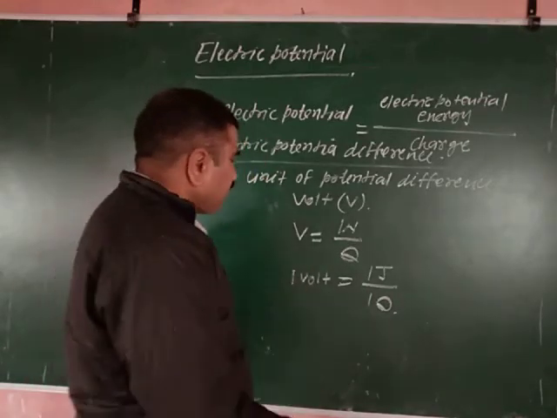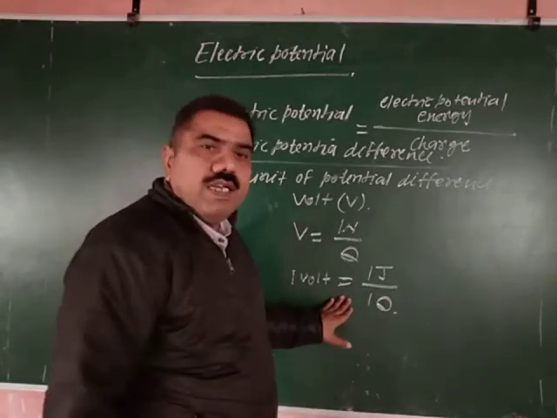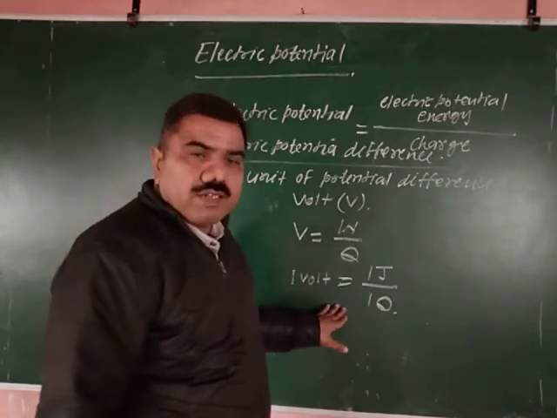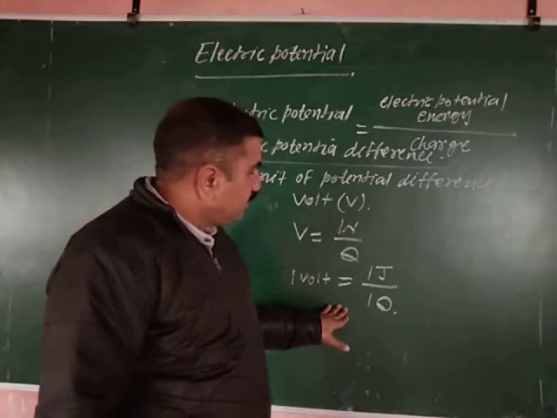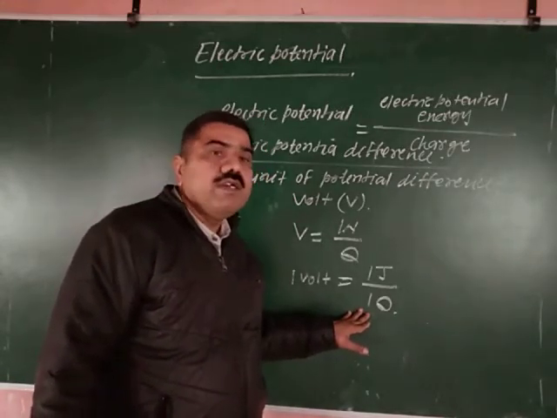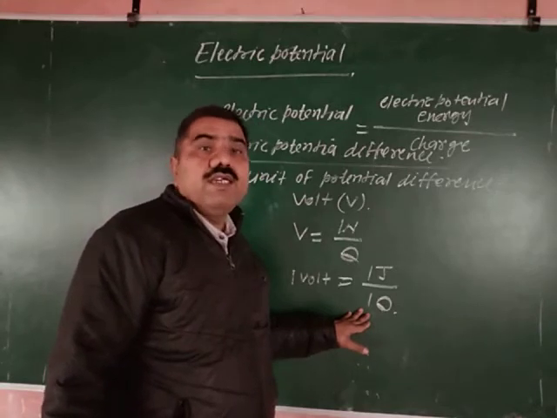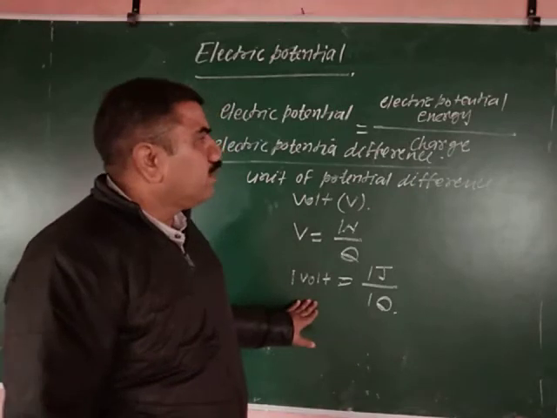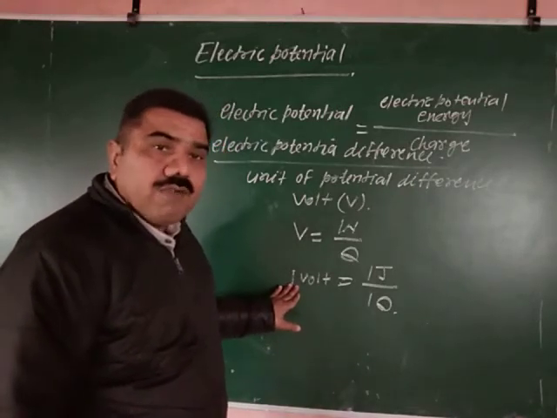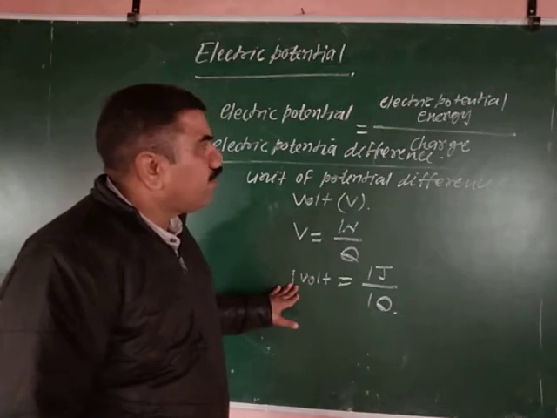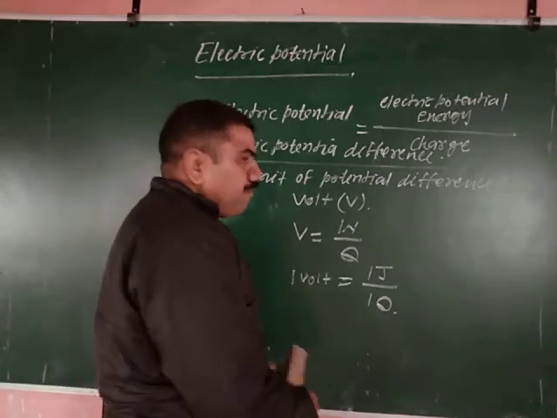That is, if a battery has to do 1 joule of work to move a charge of 1 coulomb between the 2 points, say AB, then the potential difference between the 2 points will be 1 volt. Okay? This was the unit of potential difference.